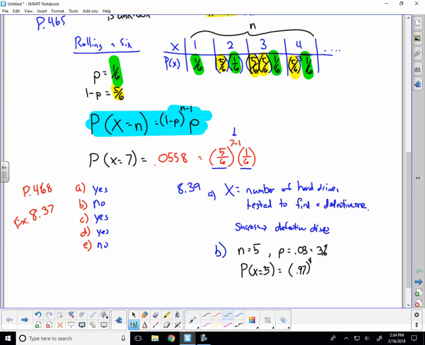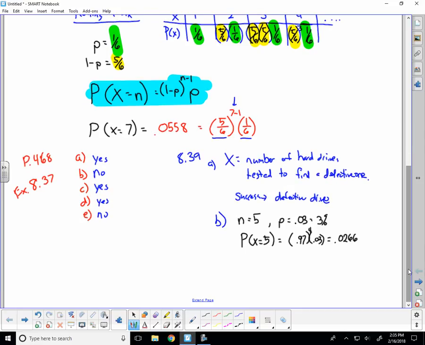And then the last one, there's a 3% chance. So let's calculate that and see what we come up with. Okay, do I have confirmation? Yes. Okay.